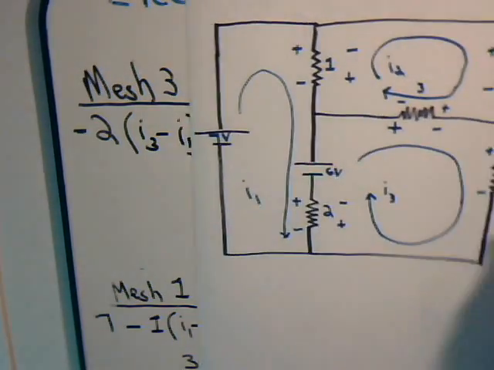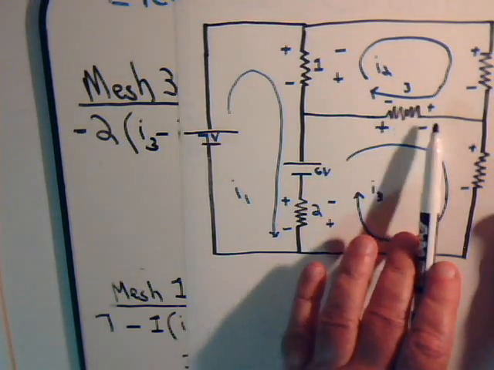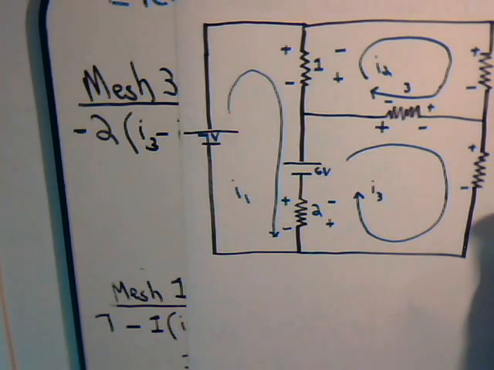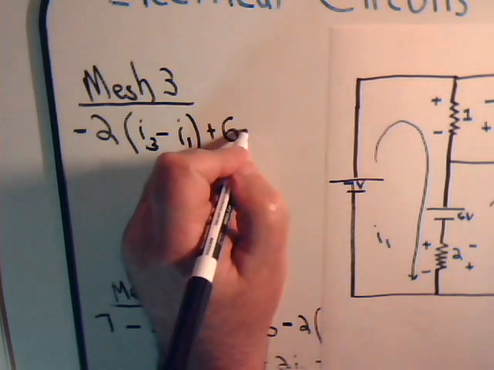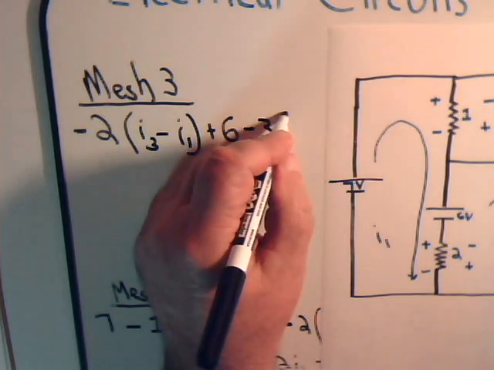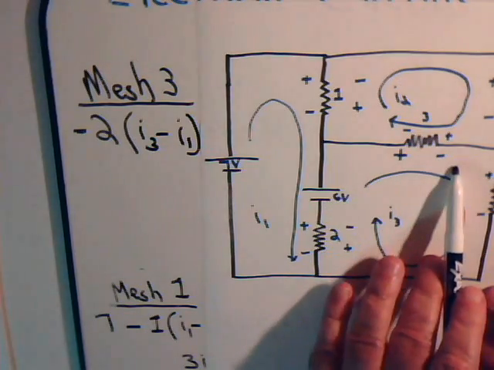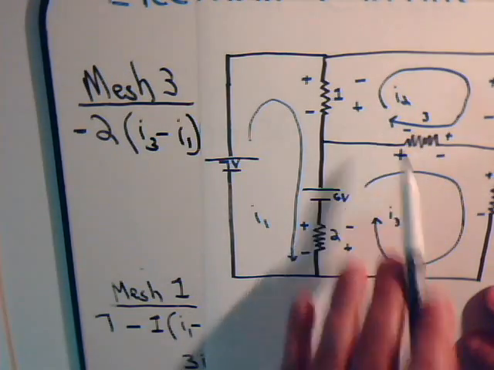Okay, now a negative voltage drop. This is 3 ohms, so here it's going to be minus 3. And how much is the voltage drop? It is I3 minus I2.